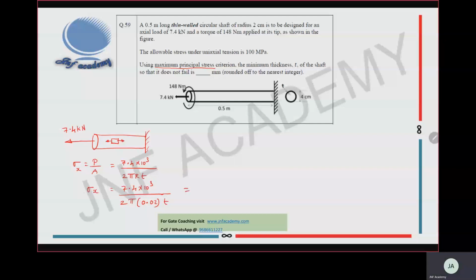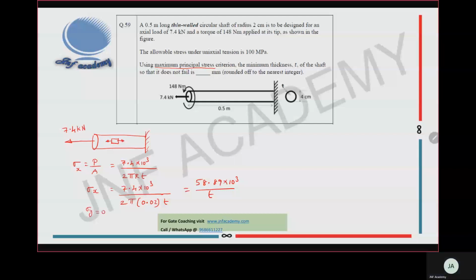Let me simplify this. 58.89 into 10 power 3 divided by T. So if you look at this case, only sigma x is acting, sigma y is 0.